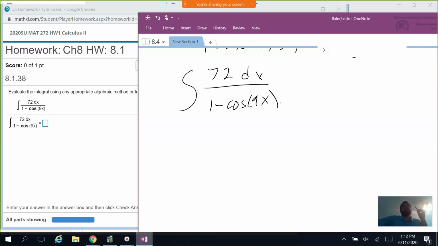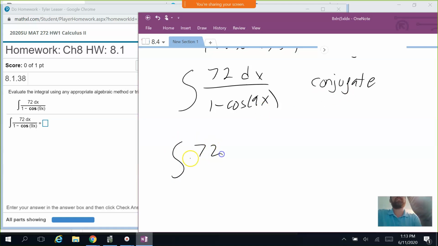For this one, because I have that 1 minus cosine 9x in the denominator, this is going to be a conjugate question. Anytime you have 1 plus or minus cosine, or sine, cosine plus or minus 1, try multiplying by the conjugate to see if that helps.